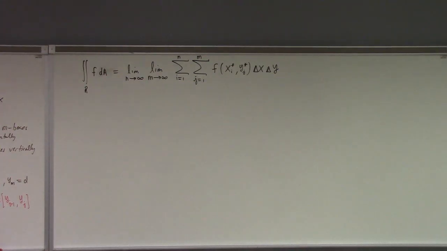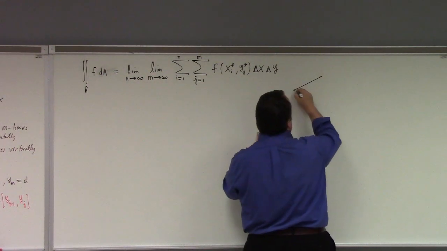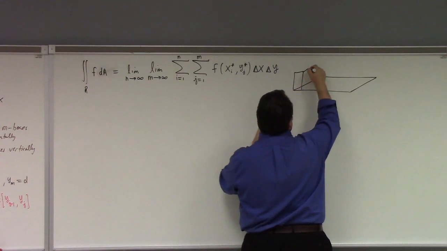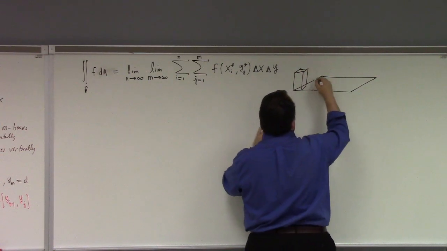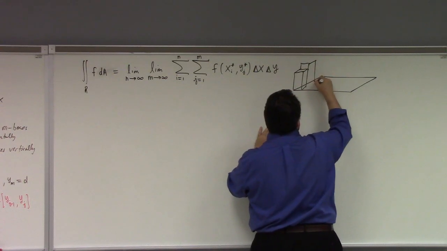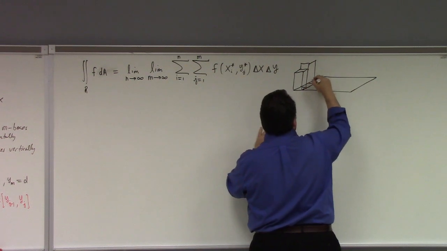Now, what does this mean geometrically? Well, to understand this geometrically, I'd have to make a three-dimensional picture. You could think of little skyscrapers over each region, right?